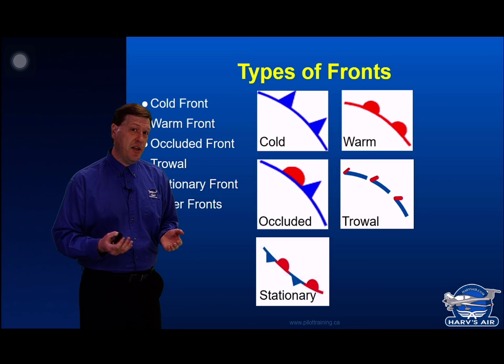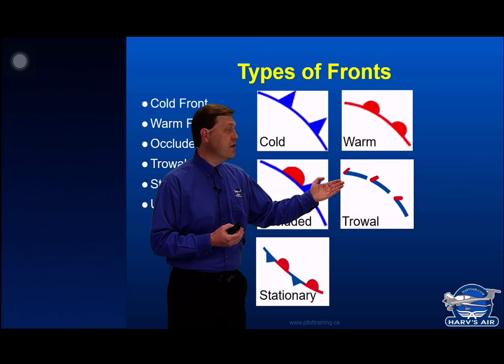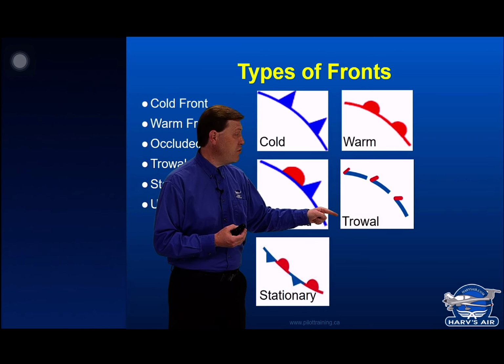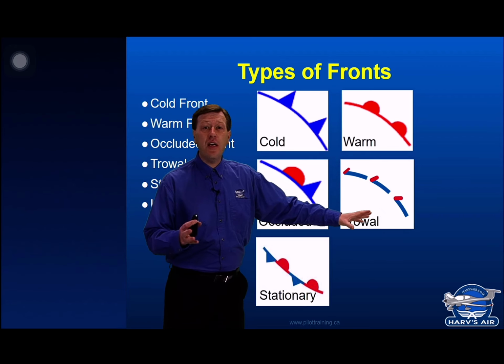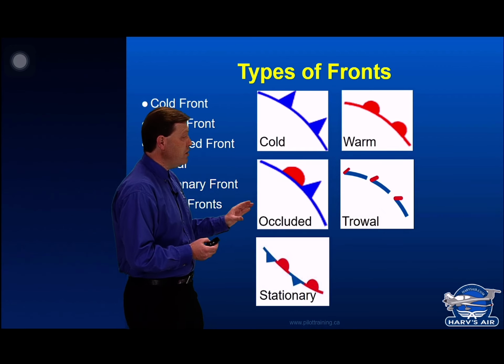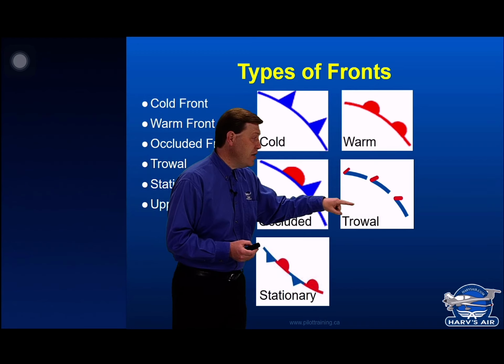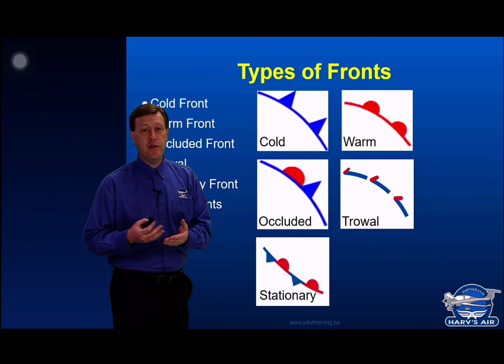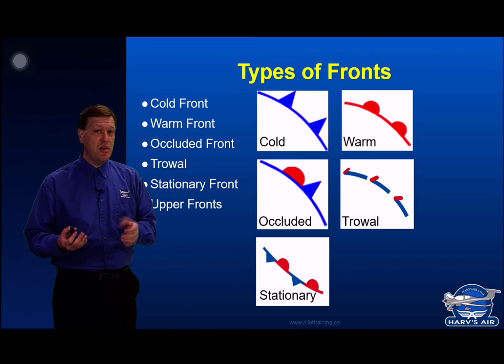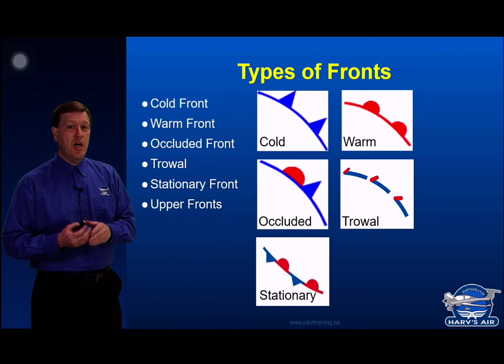As Canadians, we tend to show our occlusions as a trowel, and it looks like this on a weather map. Now, don't get all confused. An occlusion is actually the exact same thing as a trowel, and we'll start to describe that later on. It's just in Canada, we tend to prefer using the term trowel.